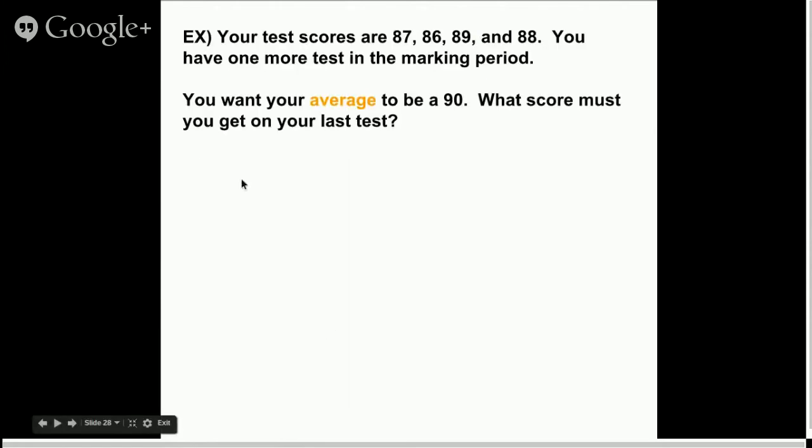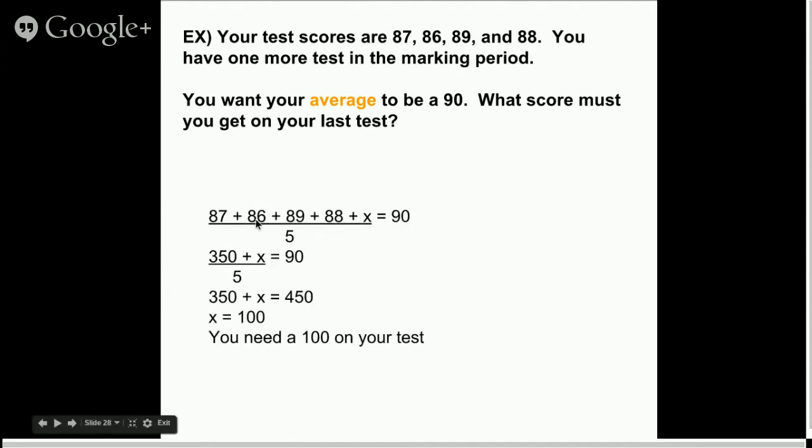All right. This is one more example problem. So if you have 87, 86, 89, and 88, and you want to have an average of 90, what do you have to get on this test to get that average of 90? So you could do the equation one.